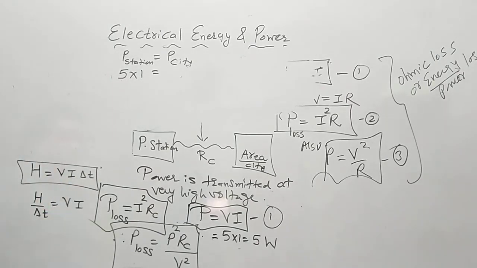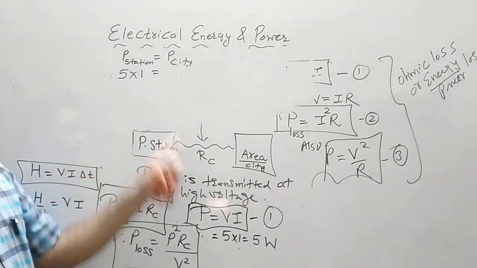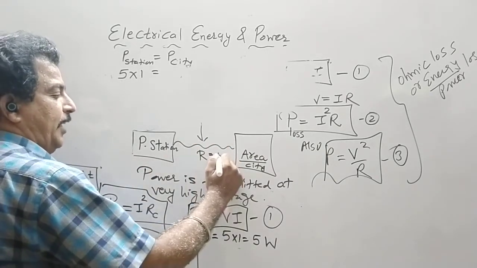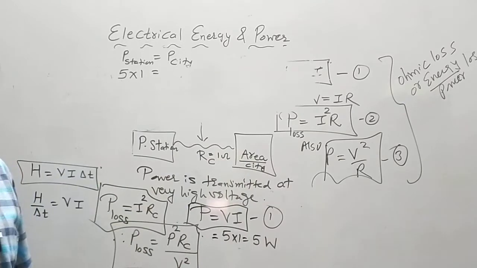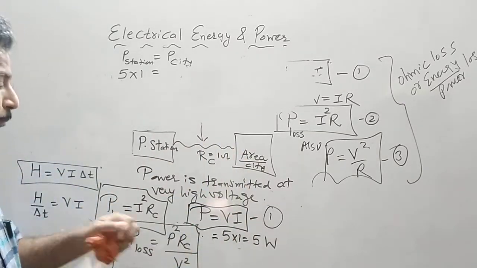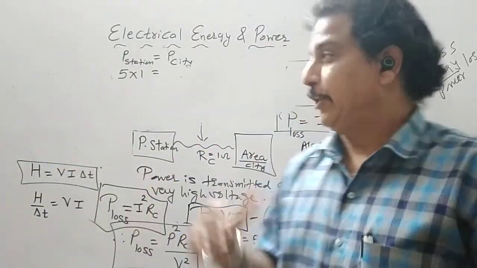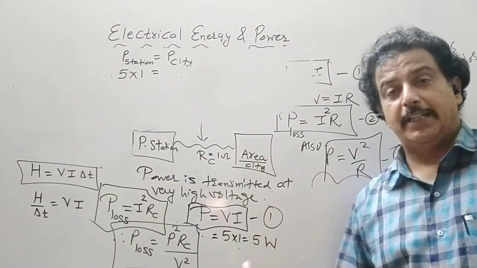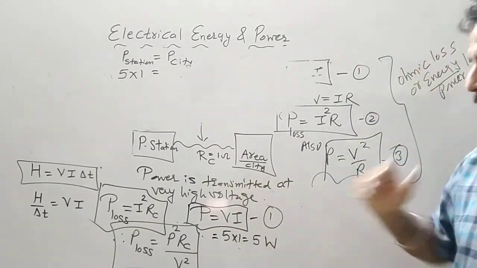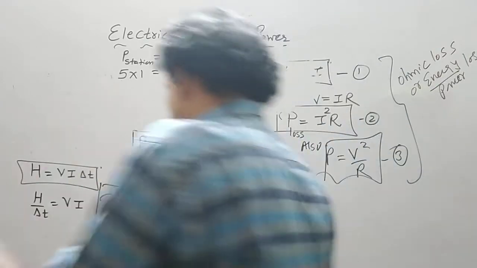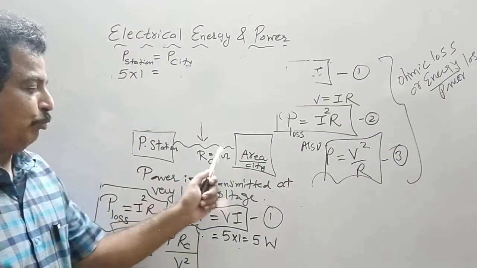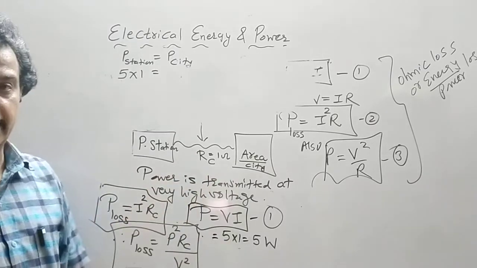Now if I keep this current as 1 ampere and let us assume that the resistance is 1 ohm, though all these values are very high in reality. Now I am trying to make you understand why the power is kept very high while transmitting it from one station to another. Suppose I don't use any transformer and directly pass 1 ampere current through this cable wire.